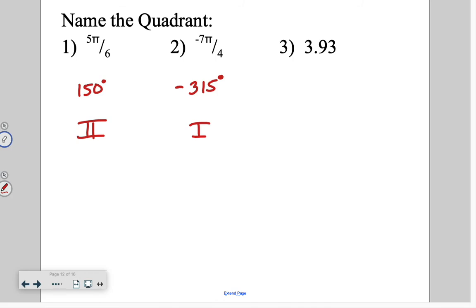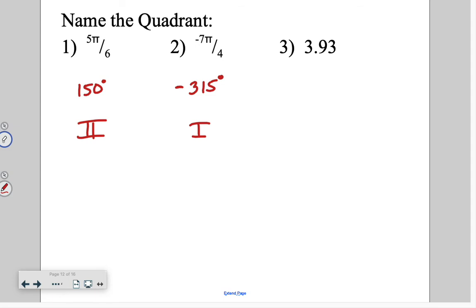All right, last one. Let's see if you can do this one in your head. 3.93 radians. Where is 3.93 radians located? Somebody said 3. Who said 3? Why? 3.14 radians is pi, right? That's halfway.